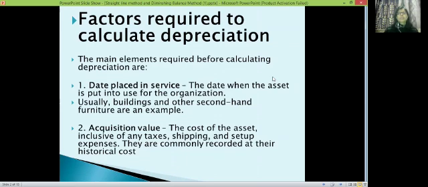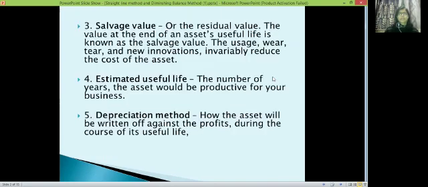When you are talking about the acquisition value, you are talking about the cost of that particular asset including taxes, shipping and any other expenses which you are going to spend on that particular asset for installation, etc. They are commonly recorded at their historical cost, meaning you have to consider your asset in your books of accounts on the basis of historical cost.